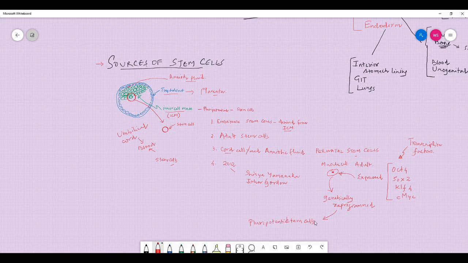The adult cell became a pluripotent stem cell by genetic reprogramming, and these were termed induced pluripotential stem cells.